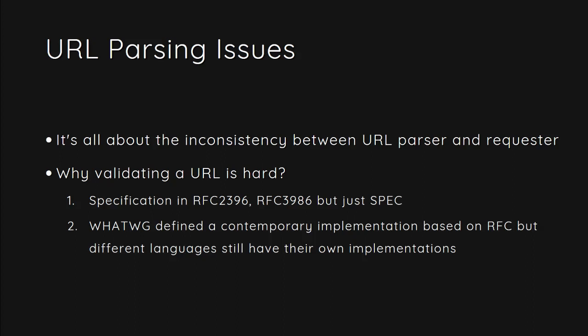The spec of URL is defined in RFC 3986, but it is only a spec without implementation guidelines. WHATWG is a community trying to define a modern implementation based on the RFC. But in fact, programming languages still prefer their own implementations. So there are lots of mistakes in URL parsers.